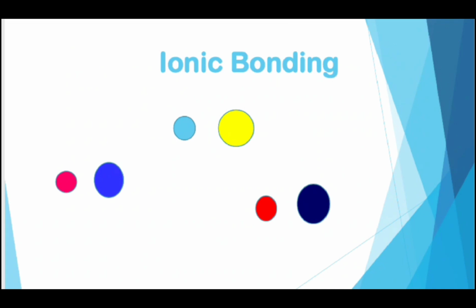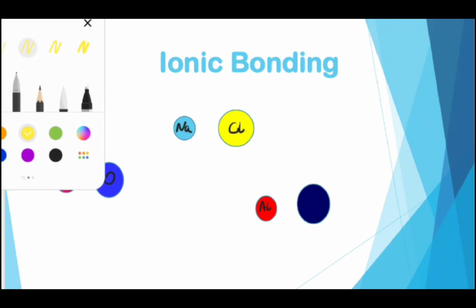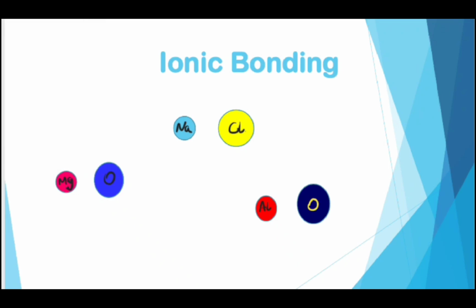Let me take the first combination of sodium and chlorine, the next combination of magnesium and oxygen, and the third combination of aluminium and oxygen. Now children, pay attention. There's a lot of basic concept that you need to understand here.